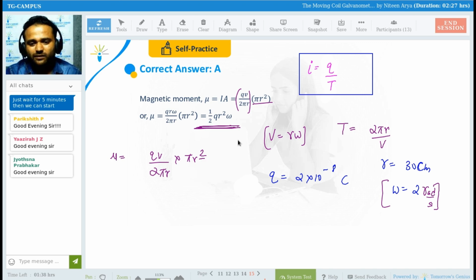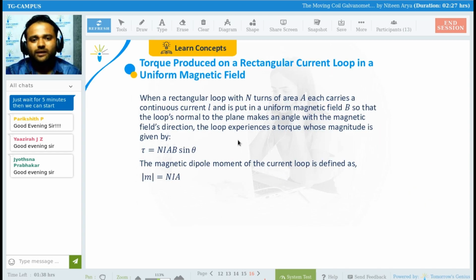Okay. So moving ahead. Now we discussed this, I think, in the previous class also. So let's revise this in a quick way. Then we go ahead to the galvanometer. So the torque produced in a rectangular coil, a rectangular current loop, in a uniform magnetic field.